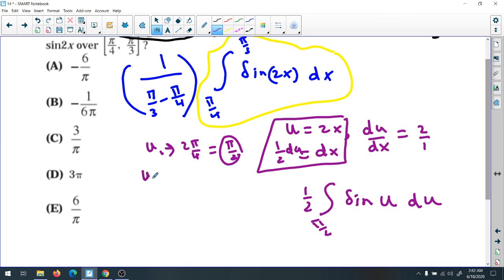And u2 will be 2 times pi over 3, so it will be 2/3 pi.